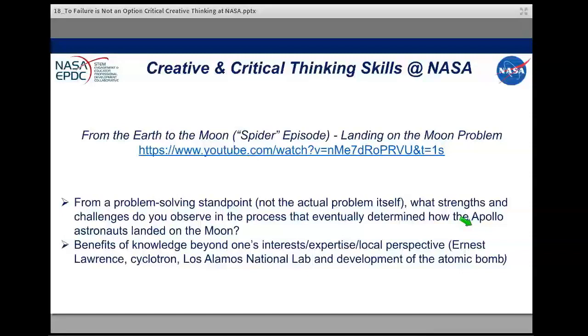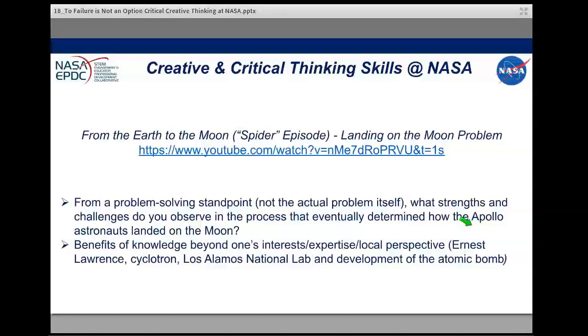There's some strength to that. Obviously, he was an expert. He knew what he was talking about when it came to rockets. But there's also a challenge with that, because had there not been somebody going, hey, wait a second, I'm a bit skeptical of that, we might not have gotten lunar rendezvous.